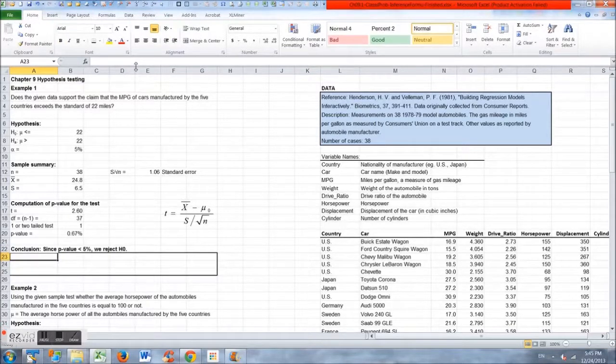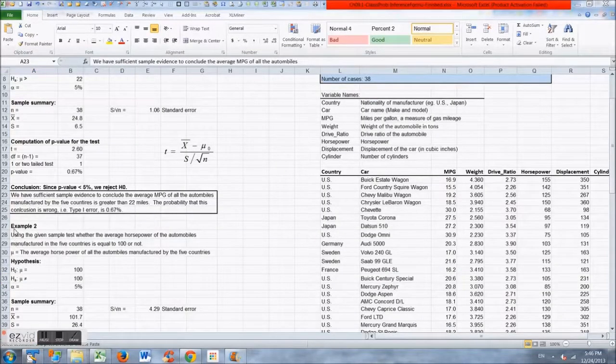The interpretation has two parts. One part is about the conclusion, the other part is about the p-value itself. Okay, I have prepared the interpretation, so we'll look at what that means.